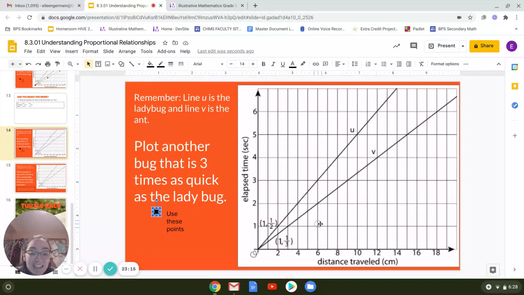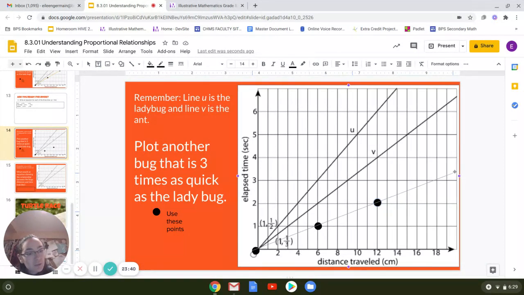So in 1 second, he's going to be able to go 6 centimeters. He's going to start at that same spot of 0, 0. And then after 2 seconds, 6 times 2 is going to get me 12. And then I can take my line here, and I can connect those points again.